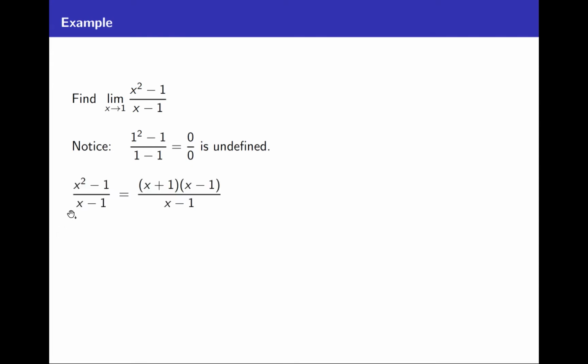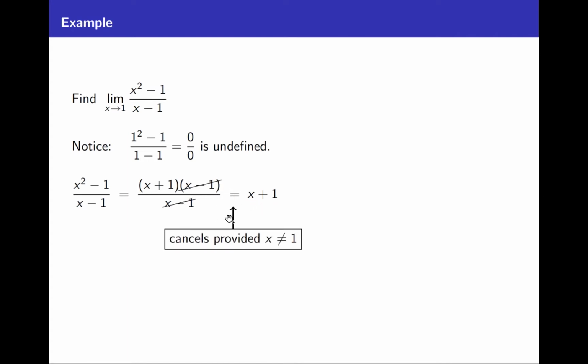What we did last time with this is we noted that the numerator of our function is x squared minus 1, and that factors as a difference of 2 squares, and you get some cancellation. This function, x squared minus 1 divided by x minus 1, simplifies to x plus 1 through cancellation.